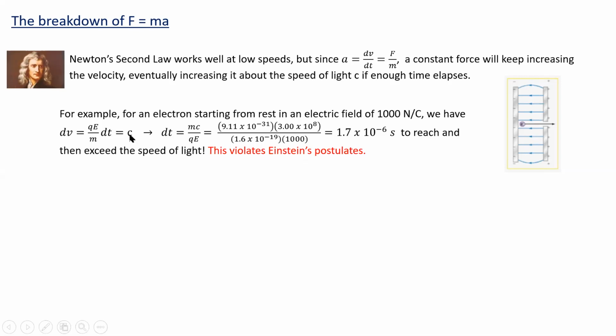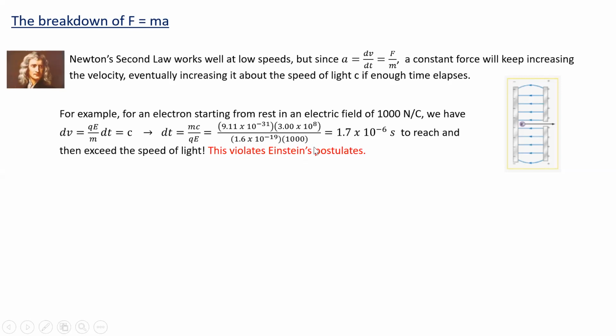We can solve for that amount of time, dt, as mc over qE. Plugging in m for an electron, c, the charge on the electron in coulombs, and our electric field, we find a time of only 1.7 times 10 to the minus 6 seconds, or 1.7 microseconds, to first reach and then afterwards exceed the speed of light.